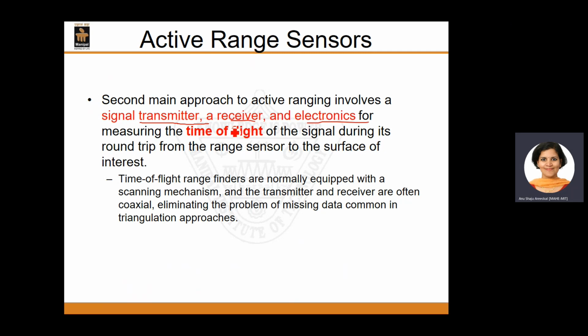So you're trying to measure the time of flight of the particular signal that has been transmitted, and by measuring the time of flight until it reaches the receiver, you get information of how much depth is present. And based on that you can reconstruct the shape of the particular object.